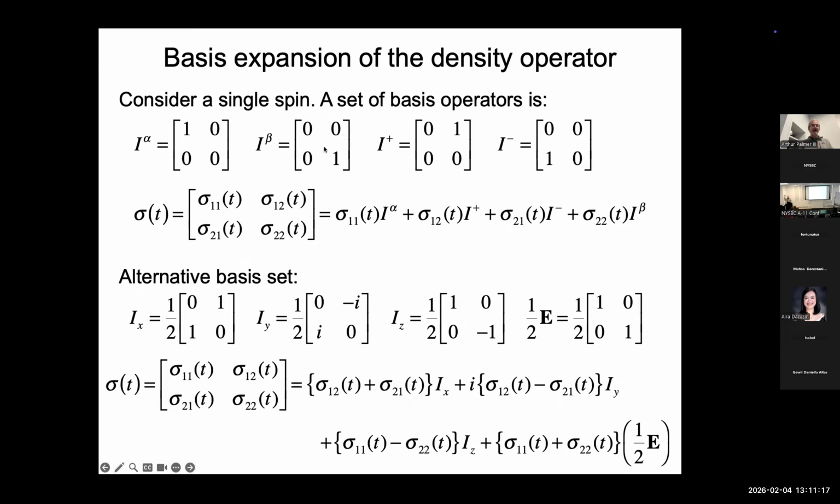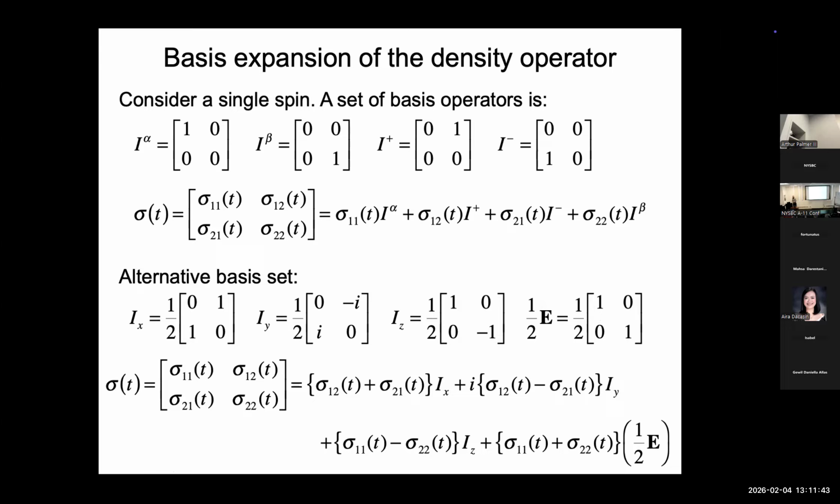And if I add these two together, I get the identity matrix. And again, I have this factor of 1/2 for normalization purposes. And this tells me what I already knew, that the populations of the alpha and the beta states have to add up to unity because I can't create or destroy.